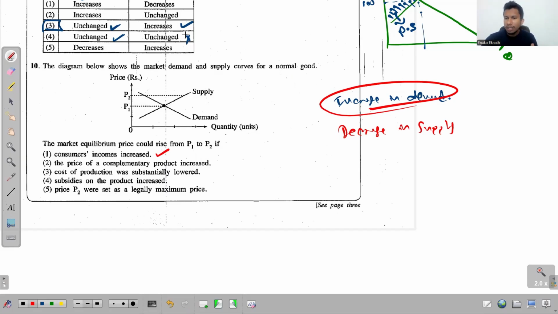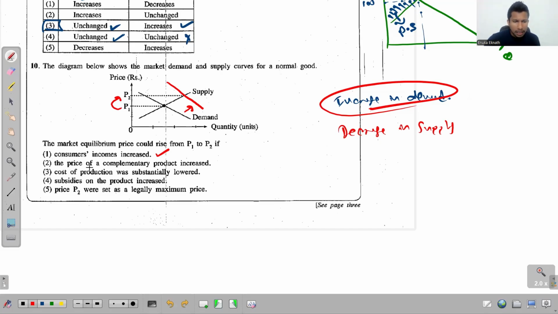What did I say? Either the demand should increase, if not the supply should decrease. As a result of the increase in consumer income, demand increases, and when demand increases the demand curve gets shifted to the right side, so that the price increases from P1 to P2. But the other options here, as we discuss them, will not do this. Let me show you.